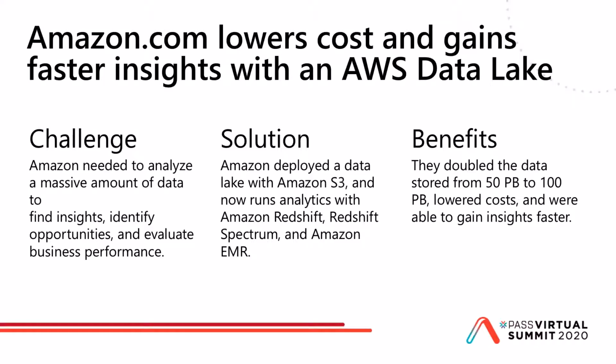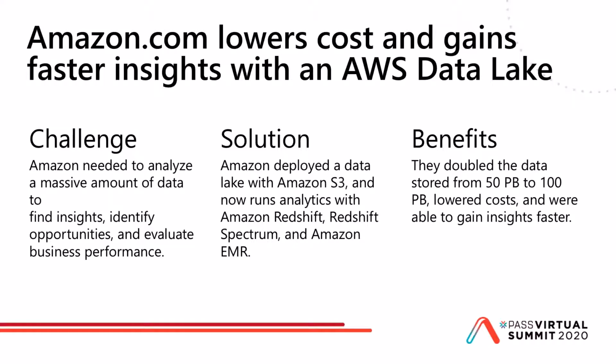The benefit achieved was that they were able to grow the data stored from 50 terabytes to 100 petabytes. That lowered the cost and also allowed the customers to gain insights faster.